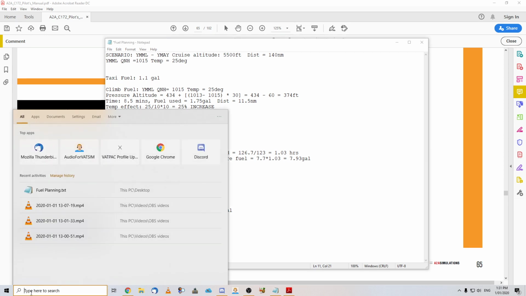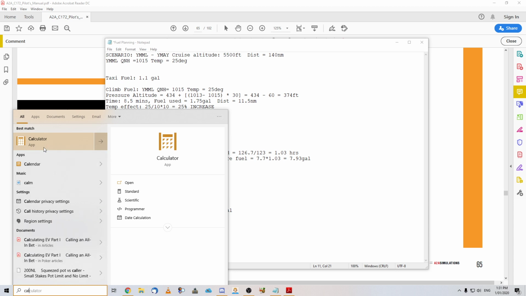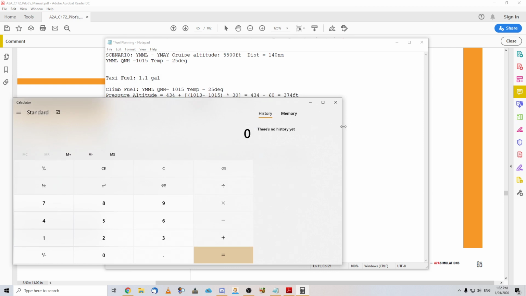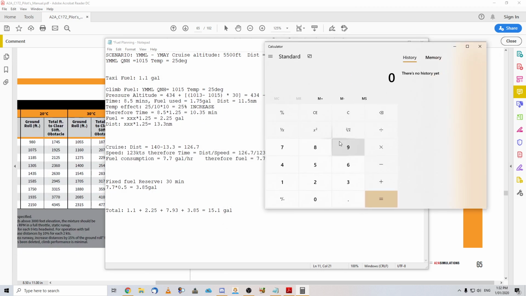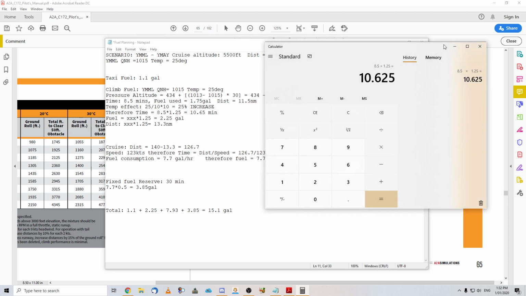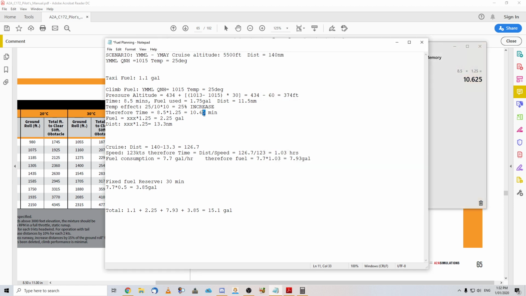So if I get my trusty calculator here, 8.5 times 1.25, 10.63 minutes. So the time to get to your cruising height will be longer.